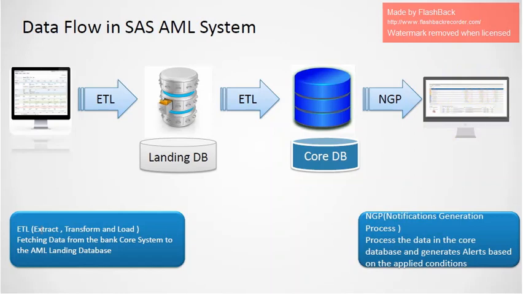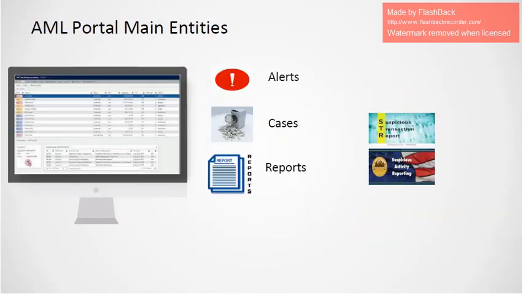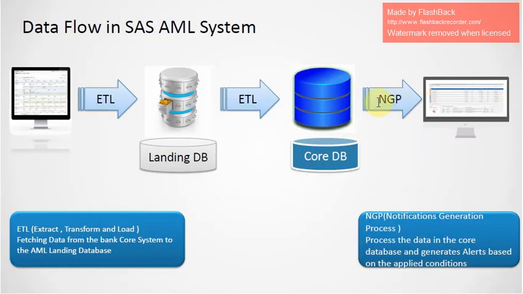Okay, all right. So now what are the main entities we can find in the AML user interface? Okay, we can find alerts or notifications. These are the outputs actually produced from applying the rules or the conditions by the NGP on the core database.